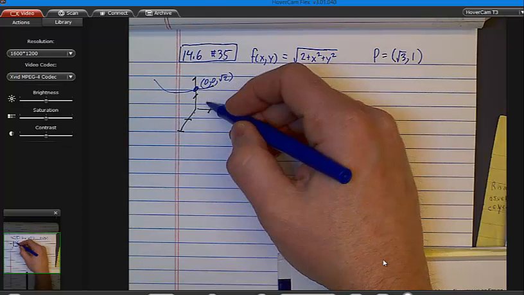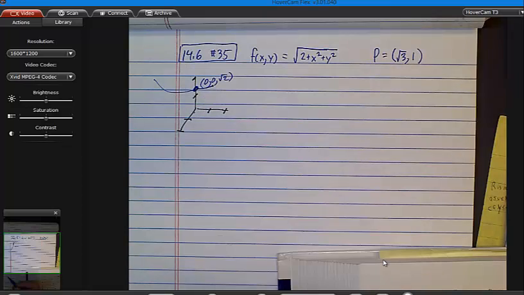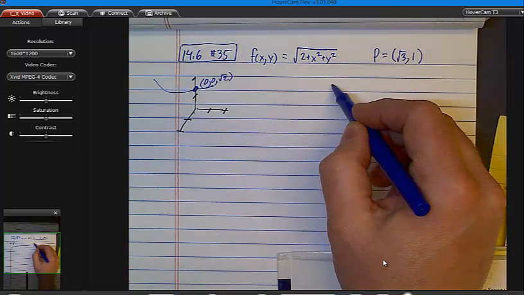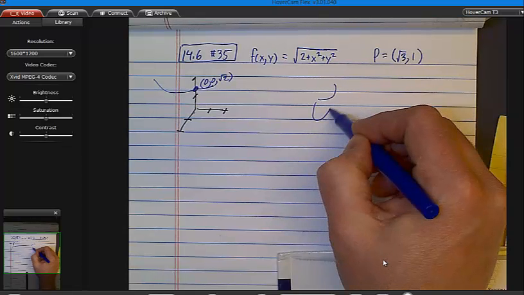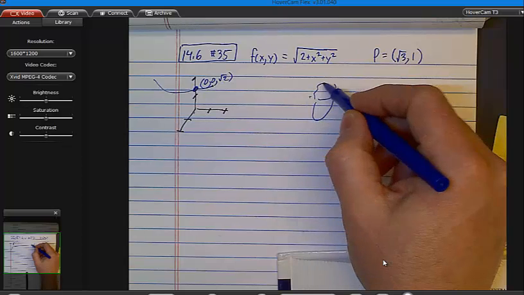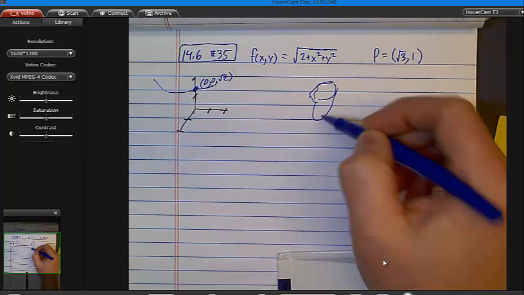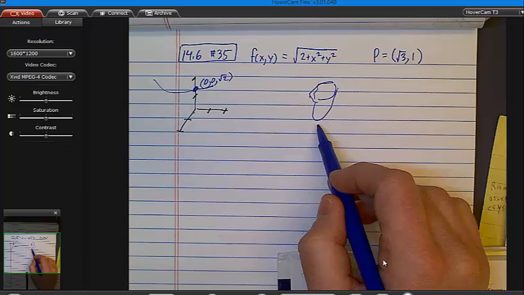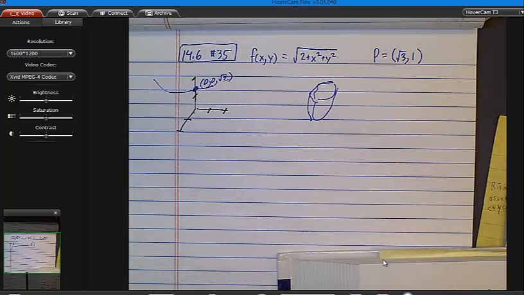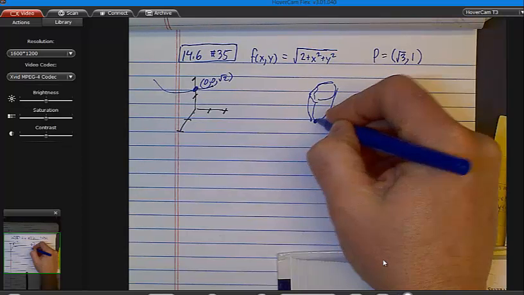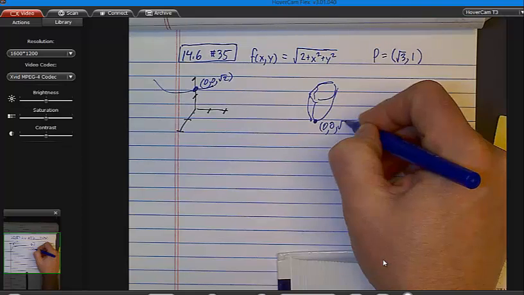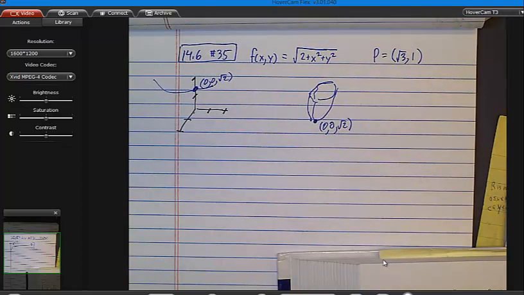So it's hard to visualize, but I'm starting to picture some kind of almost a cone, where as x and y increase, you kind of move up this cup. And I'm picturing the bottom point of that cup is that 0, 0, square root of 2. That make sense to you guys?